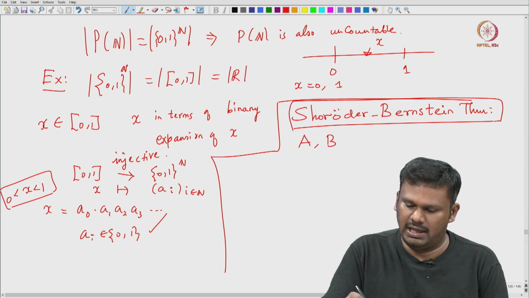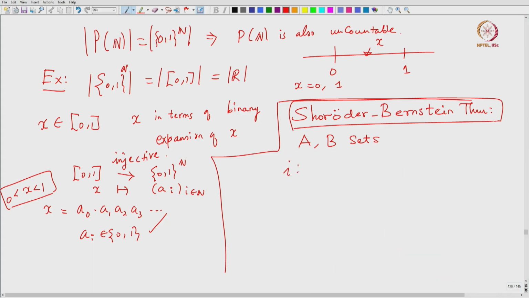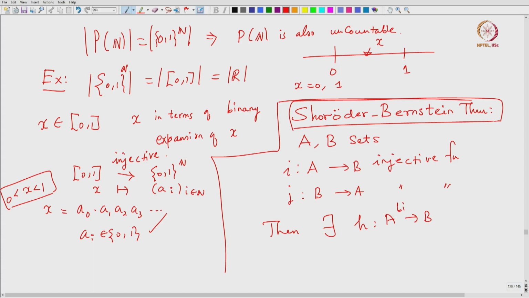So, you start with A, B being two sets, and then assume that you have an injective function from A to B, and then you have another injective function from B to A. So, then we can conclude that there exists a bijective function from A to B. That means that in this case we can say that cardinality of A is same as cardinality of B.